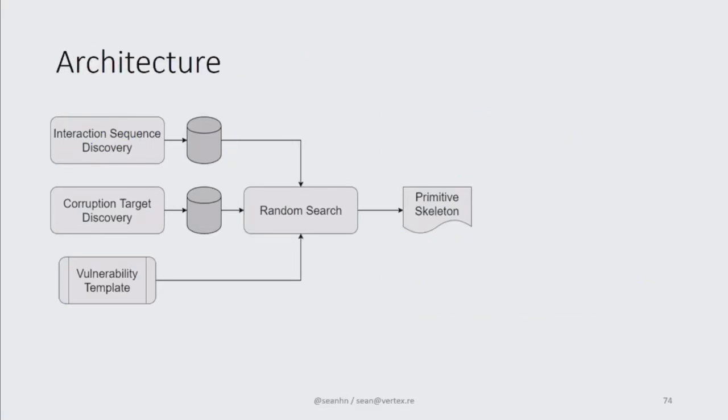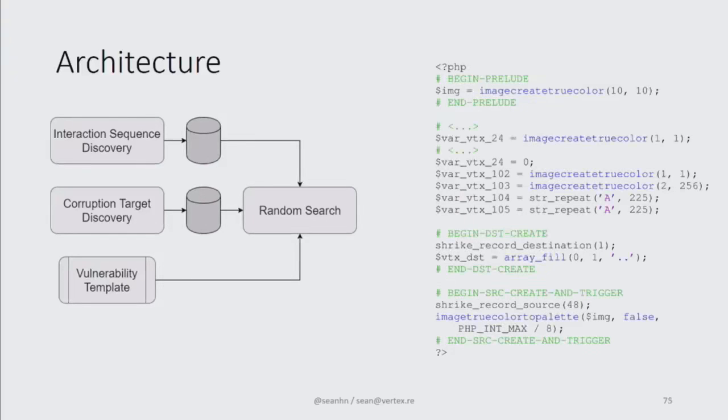Alrighty, so this is what we spoke about before. We have interaction sequence discovery, which is just fuzzing PHP programs for new allocator interactions, corruption target discovery, which we just spoke about, and then we have a vulnerability template. We put all these together in the search, and what we get out are things that look like this. They're valid PHP programs that have the prelude from the template.